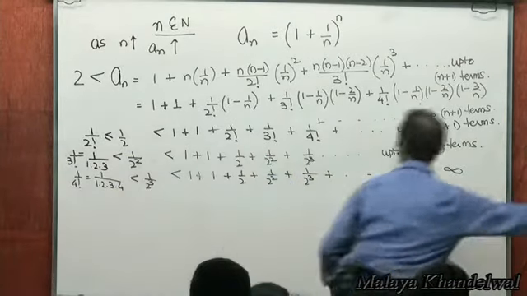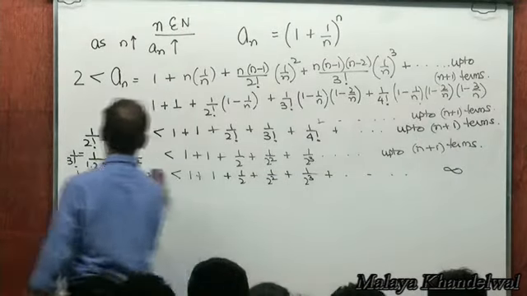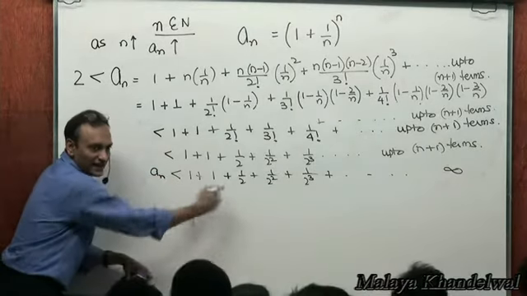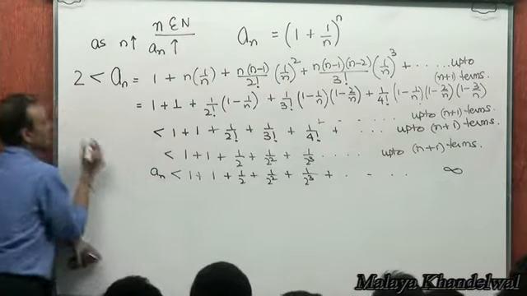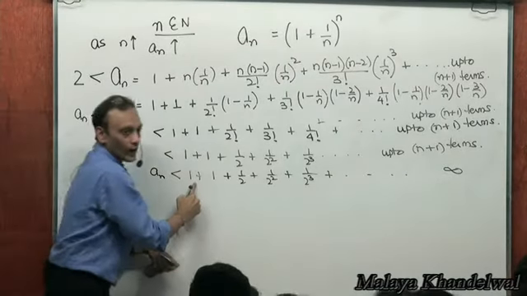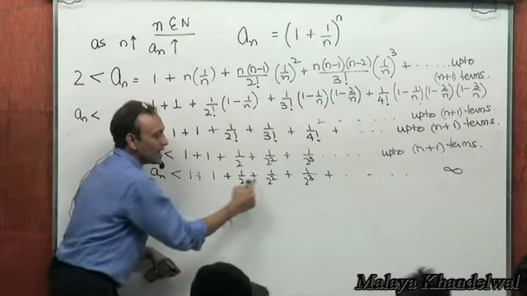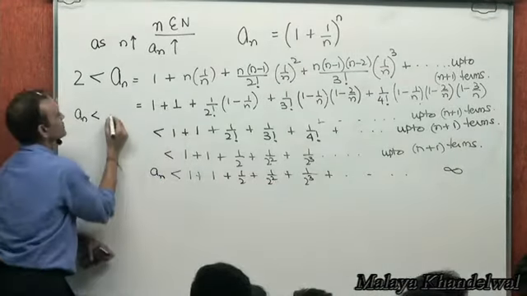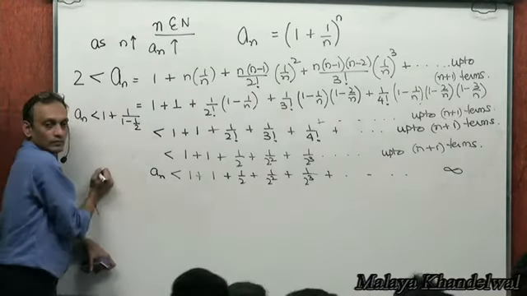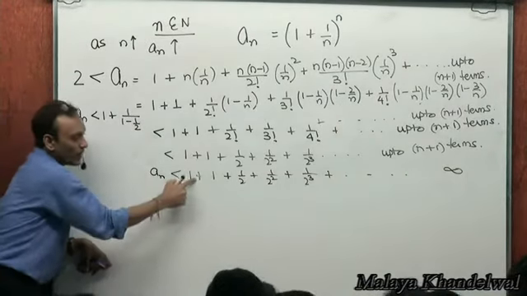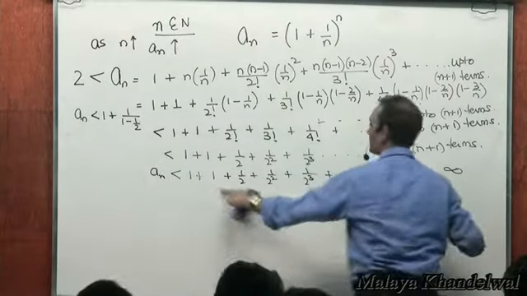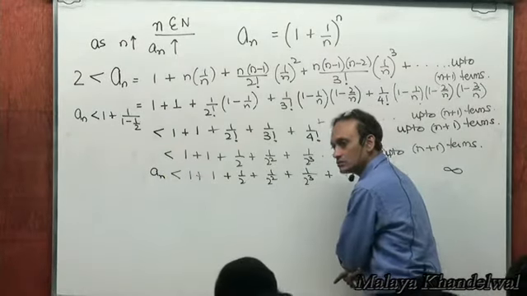So then an is less than this, an is less than this. So an is less than 1 plus 1 plus r squared plus r cubed, which is 1 plus 1 by 1 minus r. Now add this GP series, 1 plus r plus r squared plus r cube, 1 by 1 minus half, isn't it?